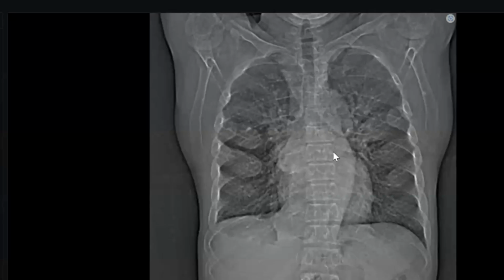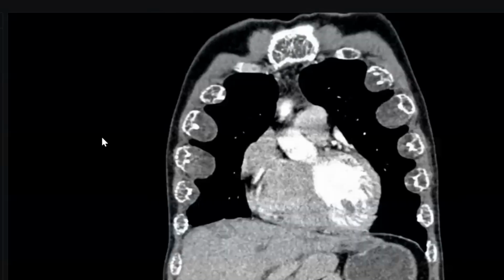This is extramedullary hematopoiesis. What is your concern or diagnosis? Thalassemia. Hemolytic disease, you can tell like this, but not sickle cell.